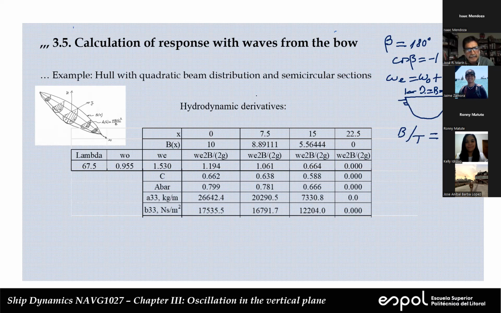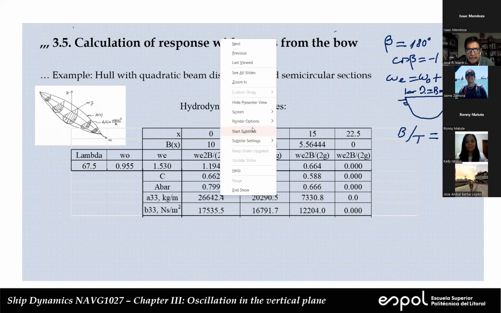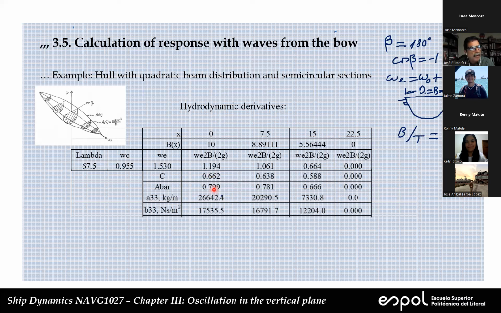This is what I have here, okay? For each section, I have the C coefficient and the A bar coefficient, and that's for an aspect ratio for each section of 2.